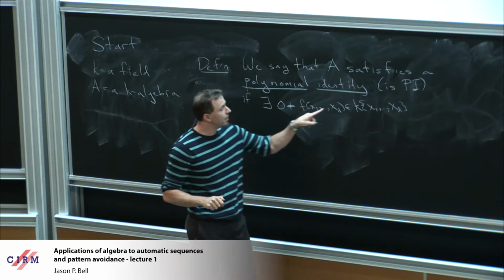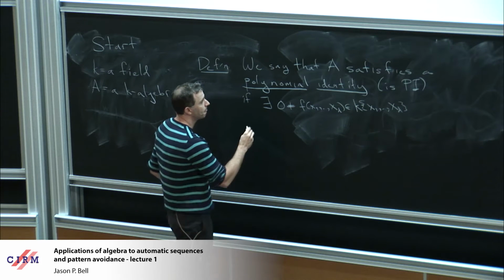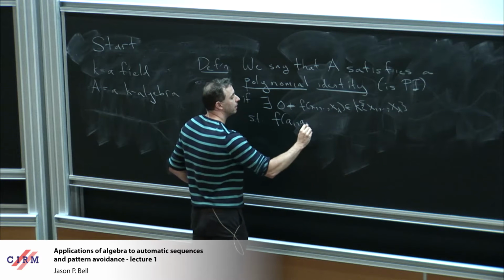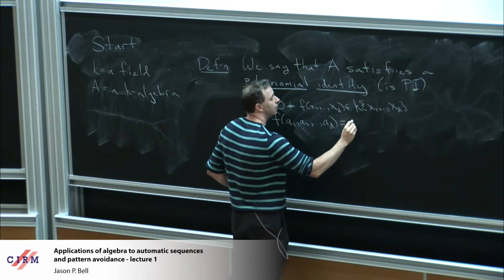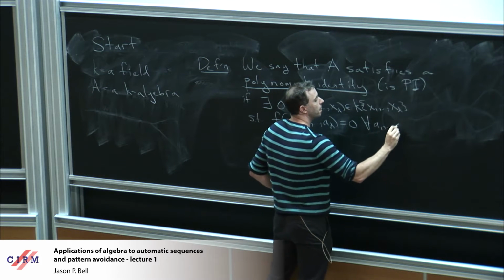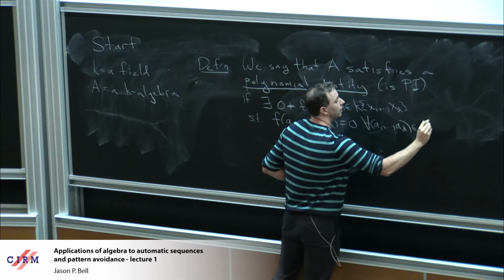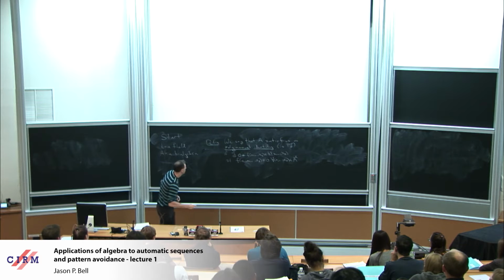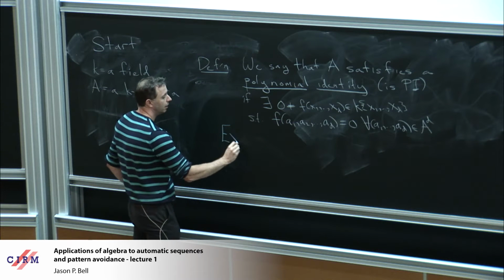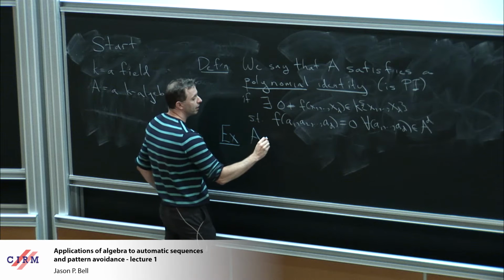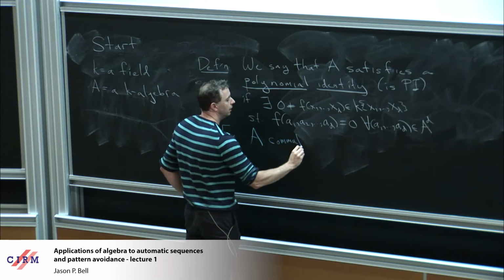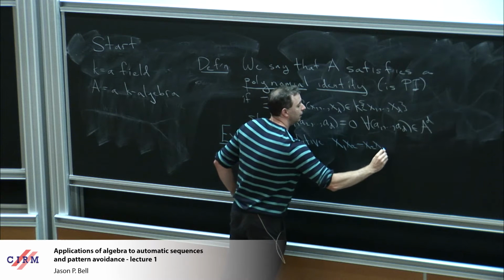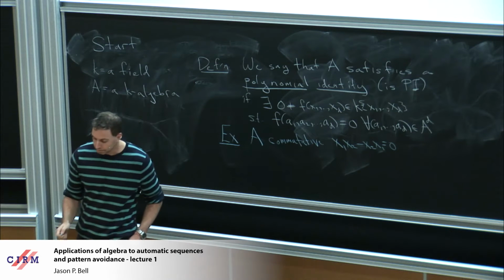I want to say that there's some number of variables and some non-zero polynomial such that at each specialization I get 0. So, of course, the prototypical example is a commutative ring, which satisfies this identity.